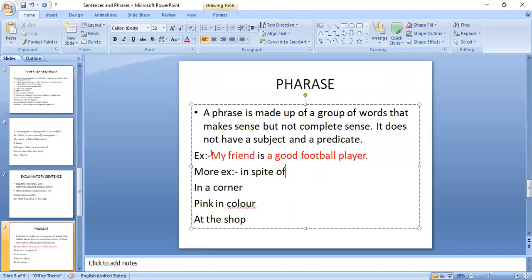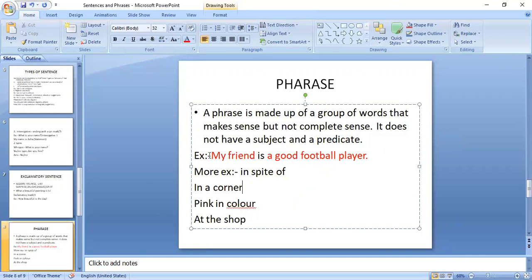Like that, here I have taken one example. My friend is a football player. Here, my friend is also giving us a meaning. And if I take only a good football player, this is also a phrase. In this complete sentence, we got two phrases.